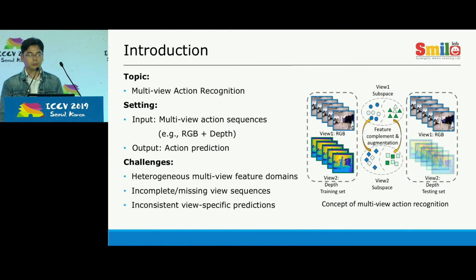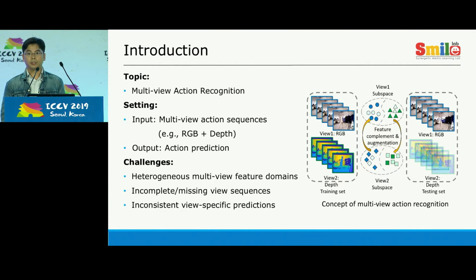The task of multi-view action recognition is to benefit from the action sequences from different sensors like RGB sensors and depth sensors to improve the action prediction performance. Since the data are captured from different sensors, we have several challenges. One is heterogeneous feature domains. You know the RGB data and depth sensor data are very different.